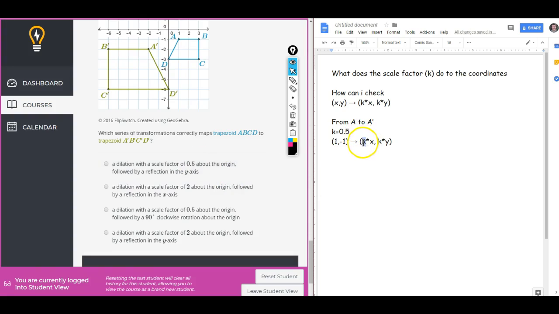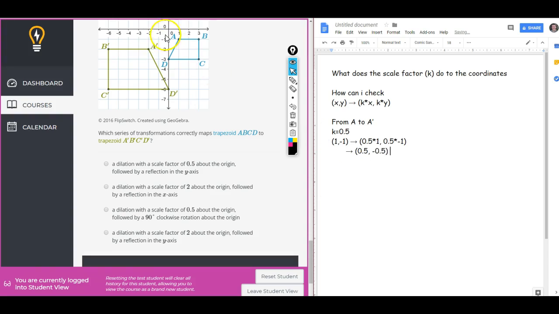So wherever k is, I'm going to substitute 0.5 for it. This x represents our x-coordinate, so it is 1, so I'm going to substitute 1. This y represents our original y-coordinate, which was negative 1. So now I'm going to simplify, and 0.5 times 1 is 0.5, comma, 0.5 times negative 1 is negative 0.5.